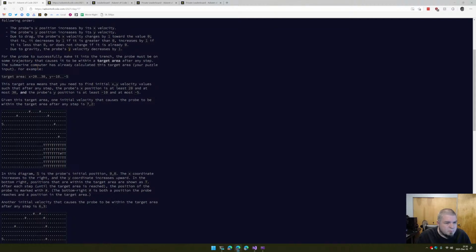Due to gravity, the probe's y velocity increases by its y velocity. So here we go, 7 and 2. 1, 2, 3, 4, 5, 6, and 2. All right, 1, 2, 3, 4, 5, 6, 7, and 2.